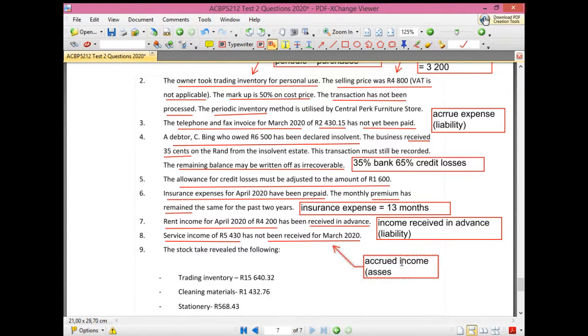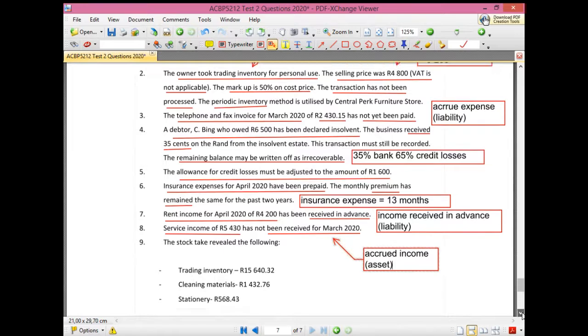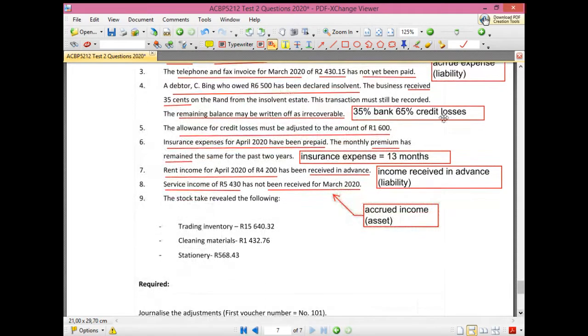And this is an asset for us because this is money that is coming into our bank account when it's eventually paid. Then number 9 is your stock take, which revealed what the actual balances are. These are the balances at year end, and we need to adjust our balances to reflect the new values.